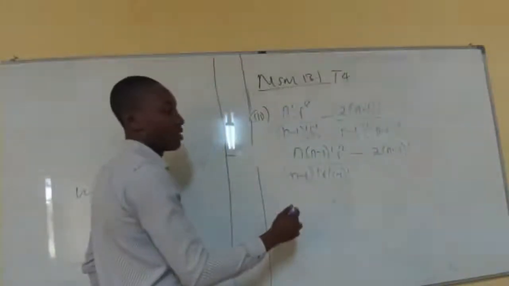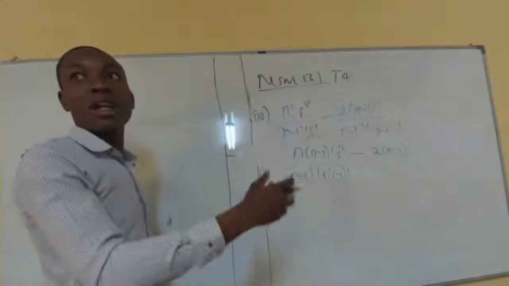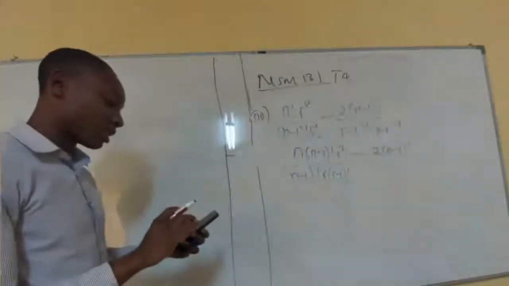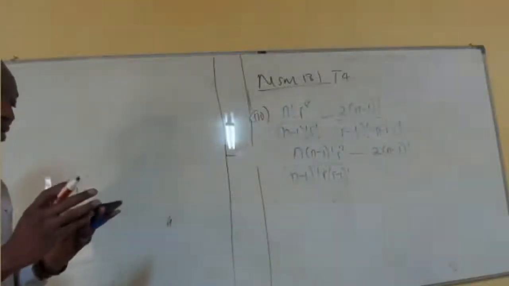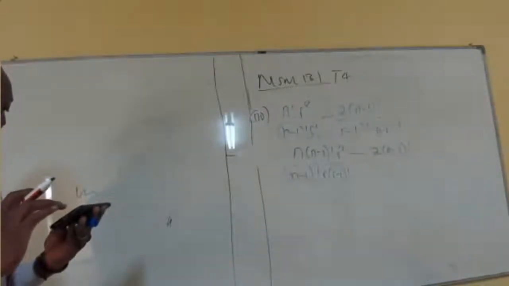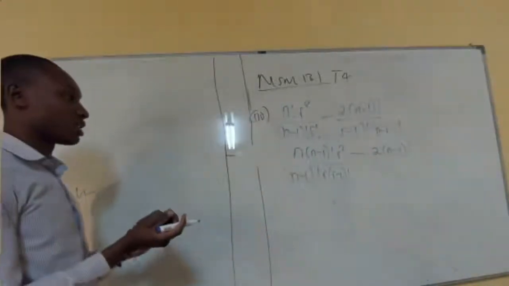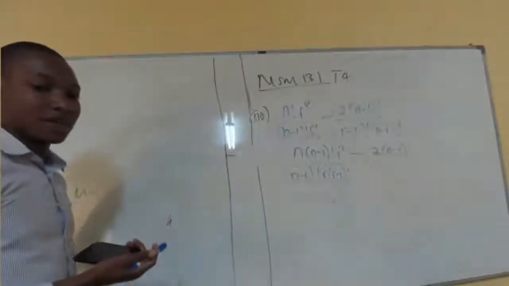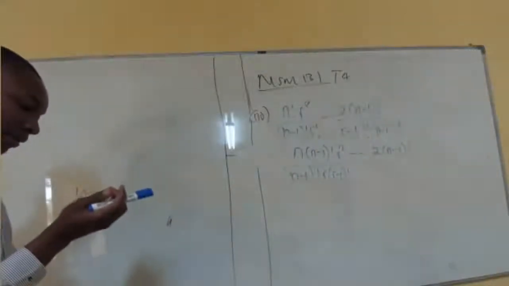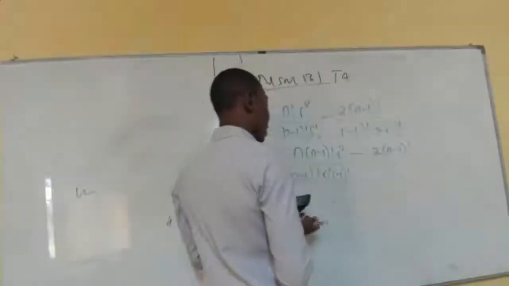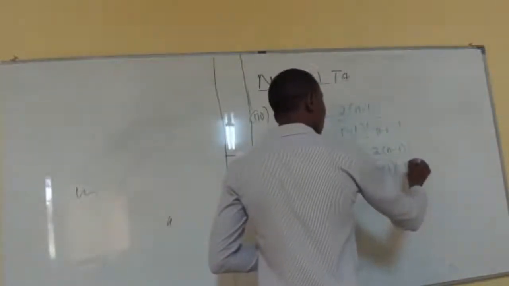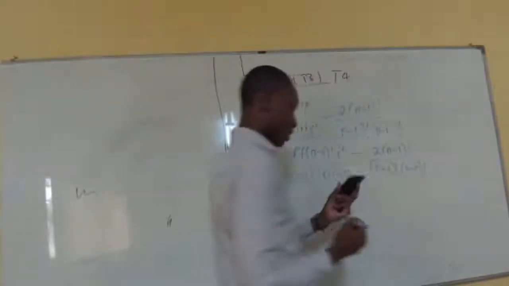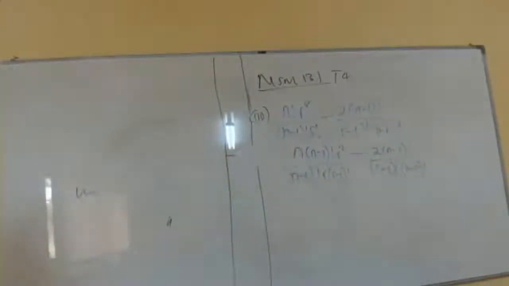Remember that the factorial means the one you're starting from times the one that comes after it, just like that. So r factorial can be written as r times r minus 1 factorial, which is why I'm writing it that way. Then over r minus 1 factorial, n minus r factorial. This is basically where we are going.